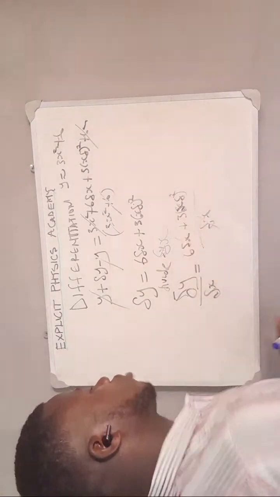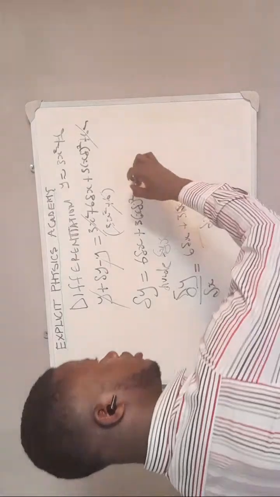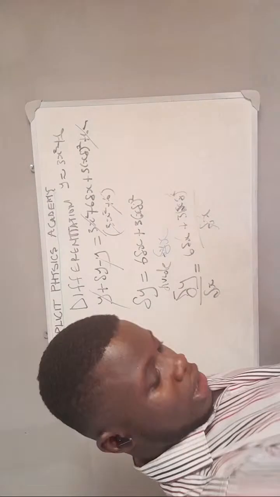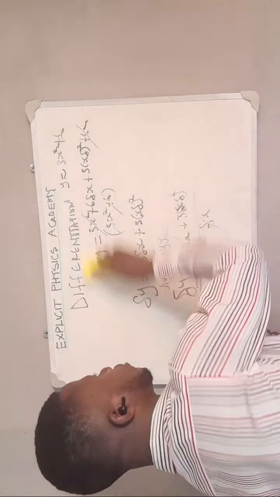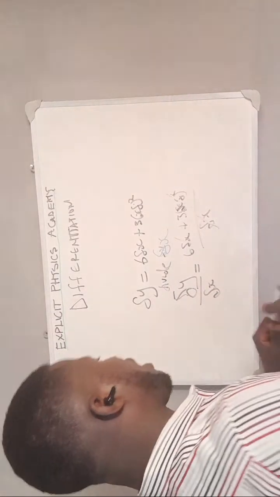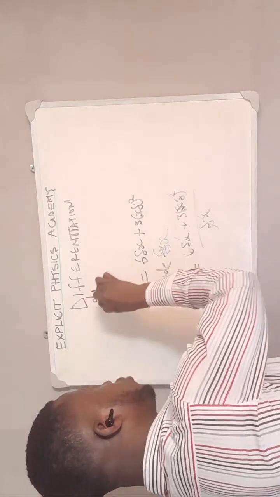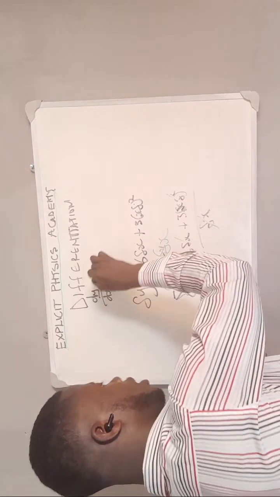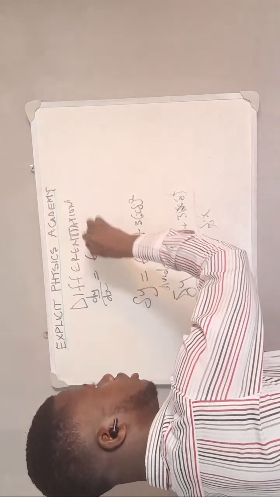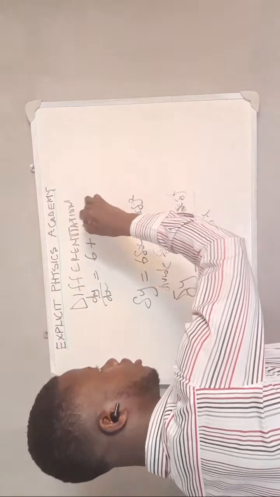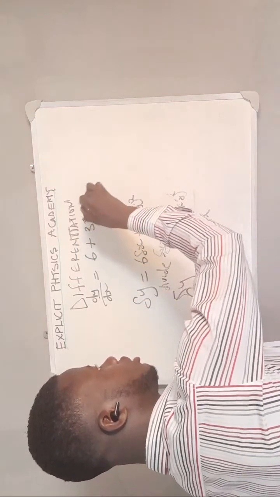Of course, this will cancel this, and we are going to have change in y over change in x equal to 6 plus 3x change in x.